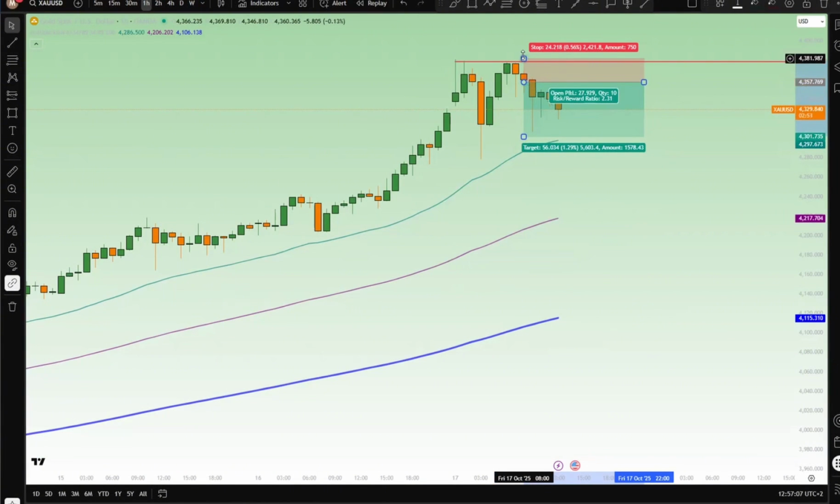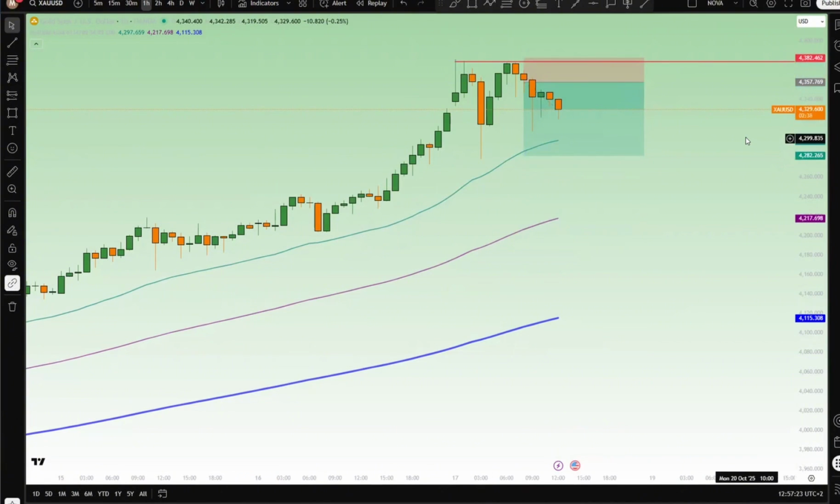Okay, and the stop loss will be set a bit higher than the shadow, the previous swing high, and the take profit will be set at the previous swing low. You can see that gold has reversed into a bearish trend. It hasn't hit the stop loss, and it continues dropping drastically at the moment.